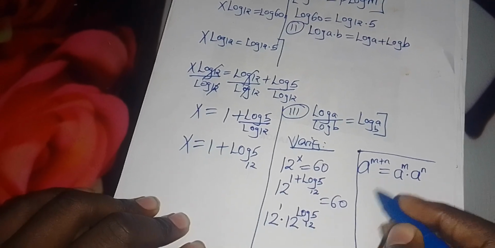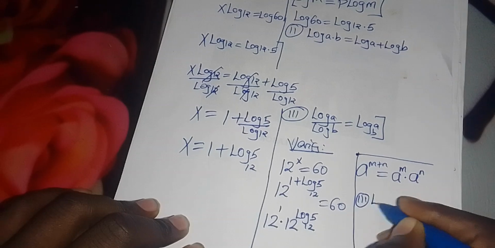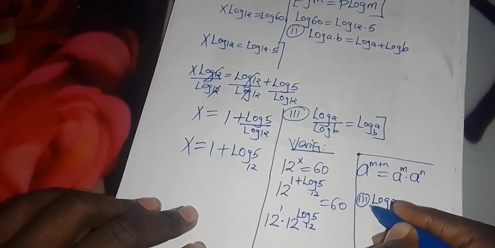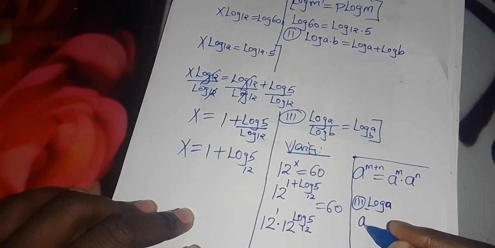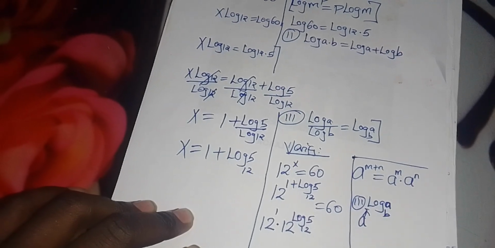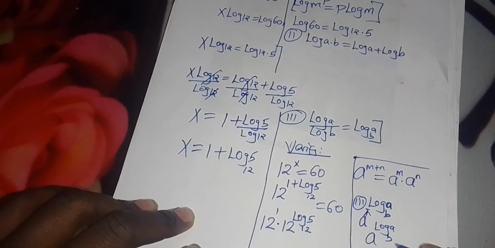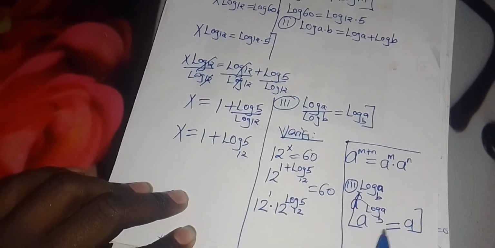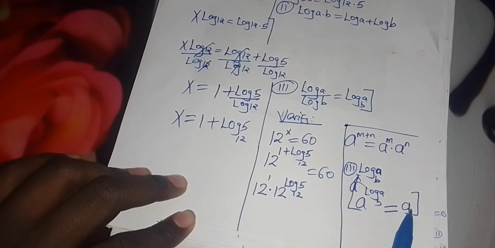Now we have to use the final property that states that a raised to power log b to base a is equal to b.